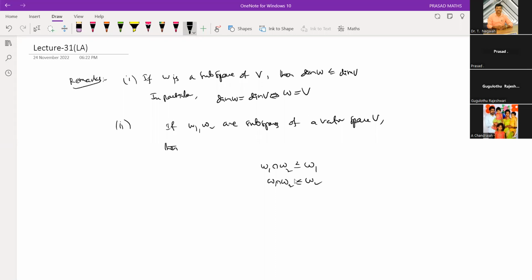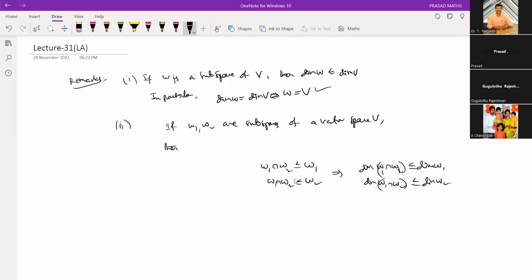So by this idea, the dimension of W1 intersection W2 is less than or equal to the dimension of W1, and the dimension of W1 intersection W2 is always less than or equal to the dimension of W2.